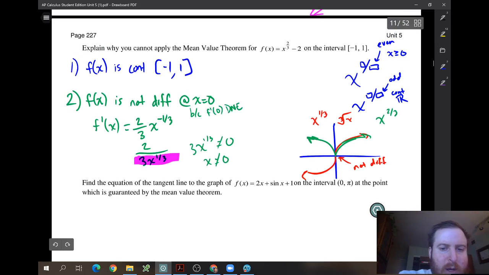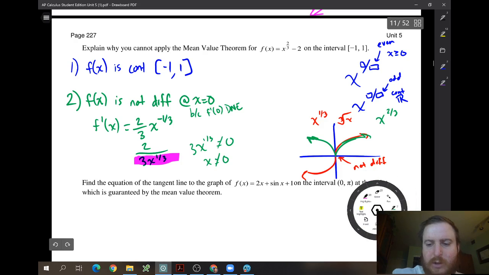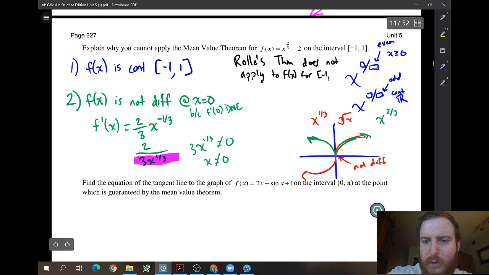And so they want us to explain why Rolle's theorem does not work. So our explanation would essentially be: Rolle's theorem does not apply to f of x for -1 to 1 because f prime of 0 is undefined.